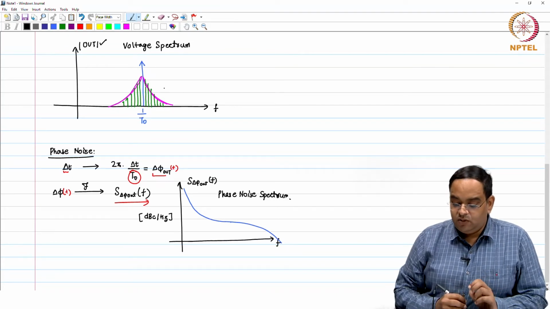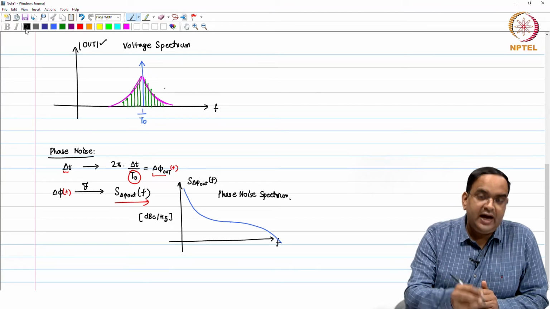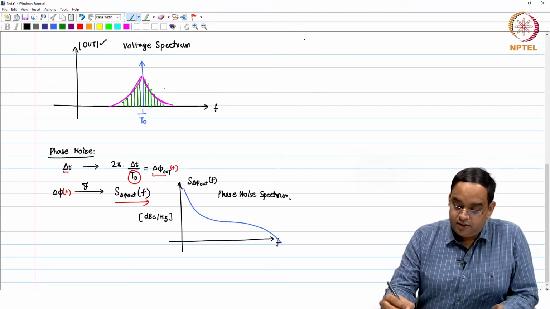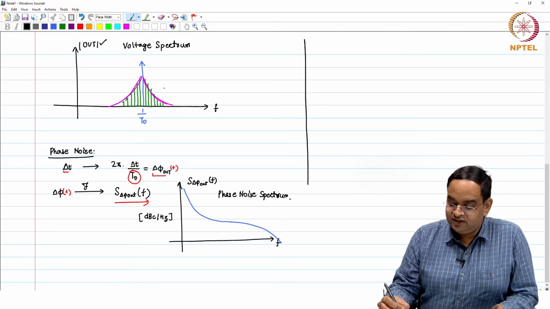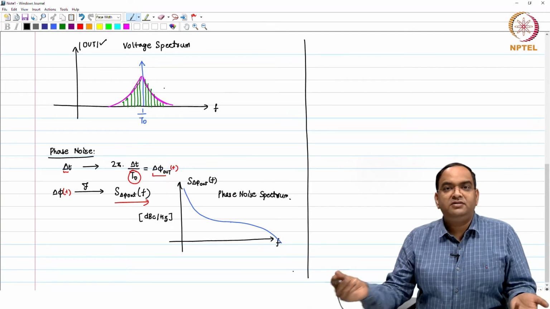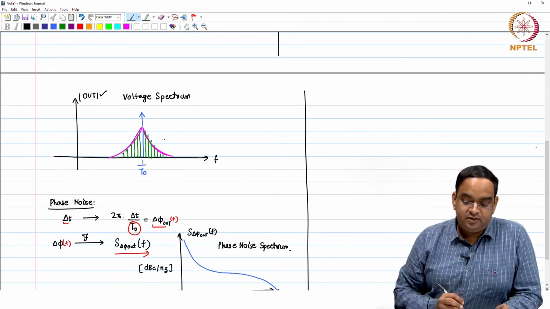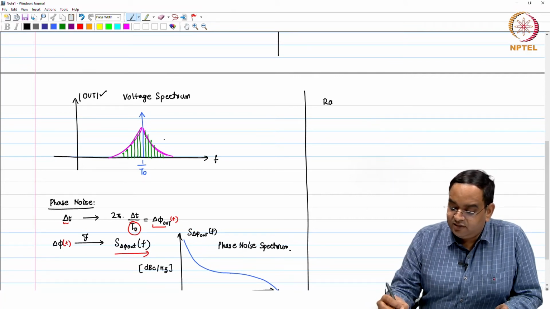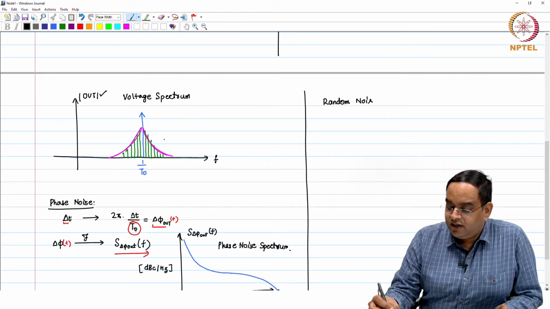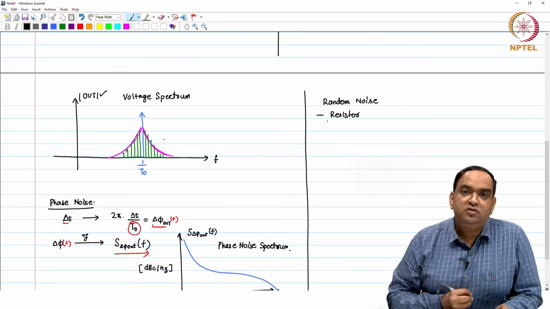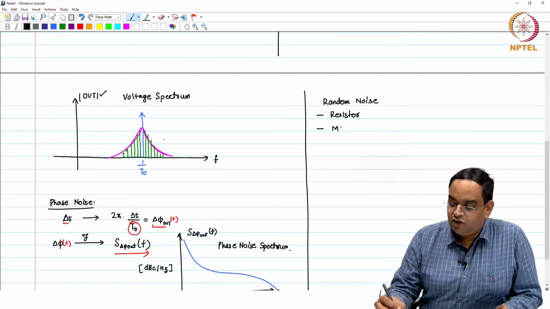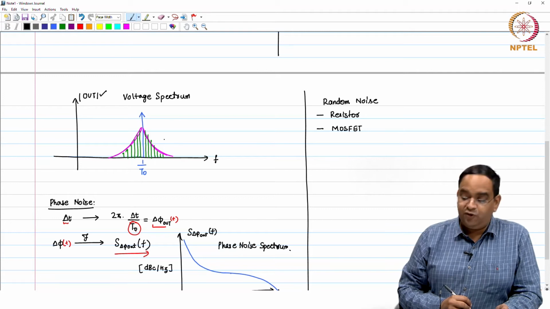Okay. Now, the question is, who adds to this phase noise? What we have said so far is that there is a disturbance, and the disturbance creates this noise. So, the two main elements which add random noise to our PLL are the resistor and the transistor. Okay. So, the resistor contributes to the random noise, and the MOSFET or BJT, whichever you are using, also contributes to noise at the output.